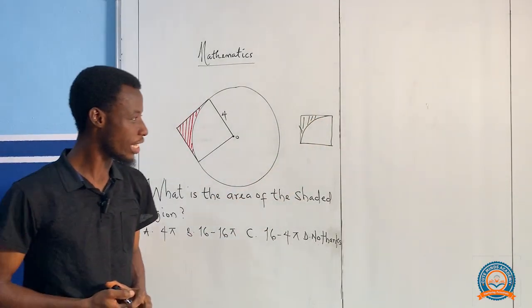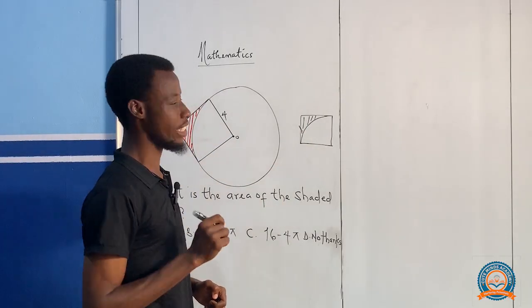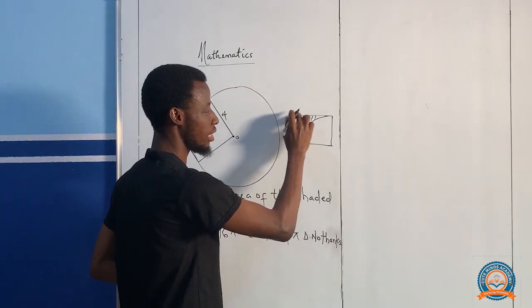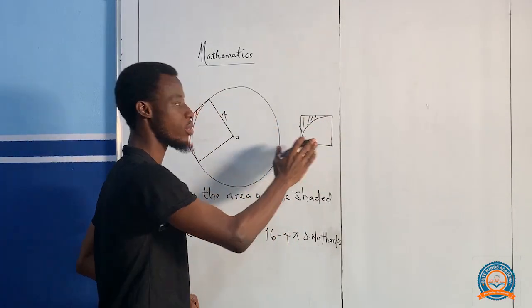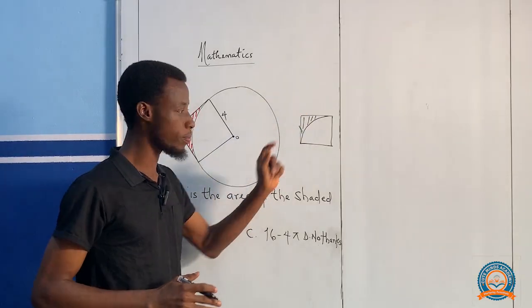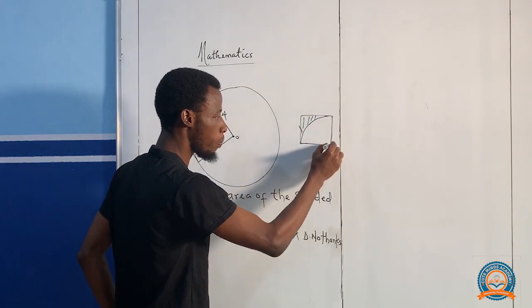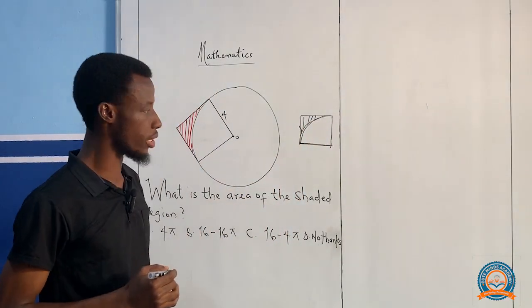So you agree that this shaded area, we can actually obtain it by finding the whole area of the circle, that's the space within this square, the area of the square. Then we remove this part from the square.